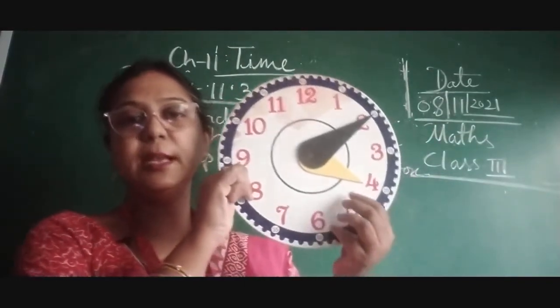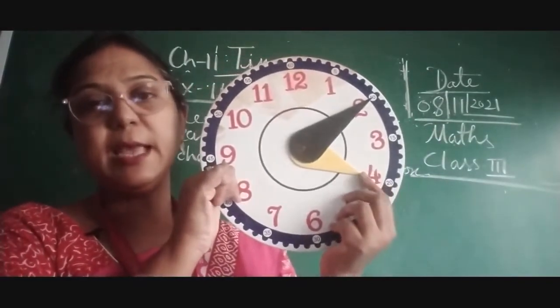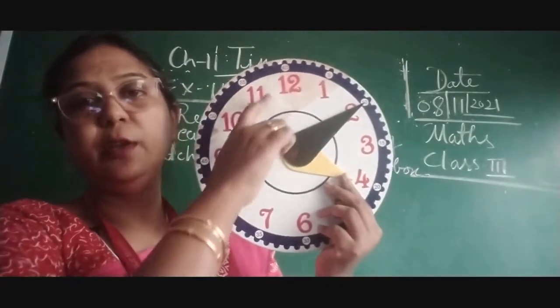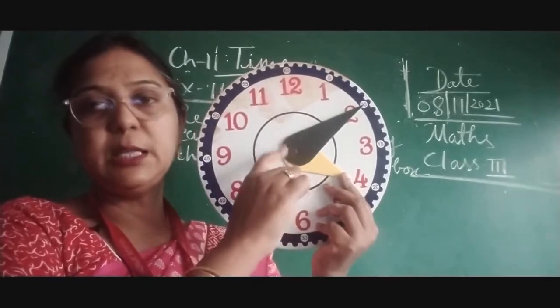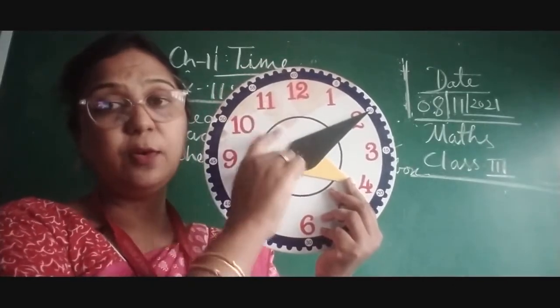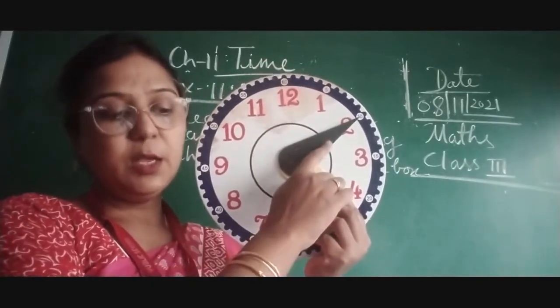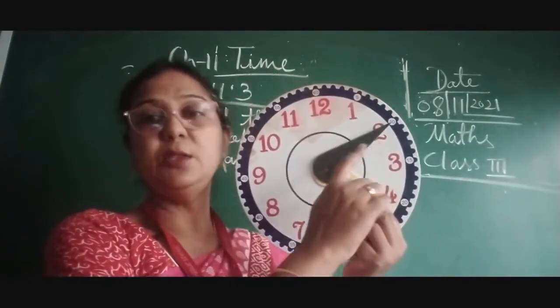The next clock is at, the shorter hand is at 4. Four is already done, or you can say this is 4 o'clock. After 4 o'clock, it is past 10. So this is 10 minutes past 4.